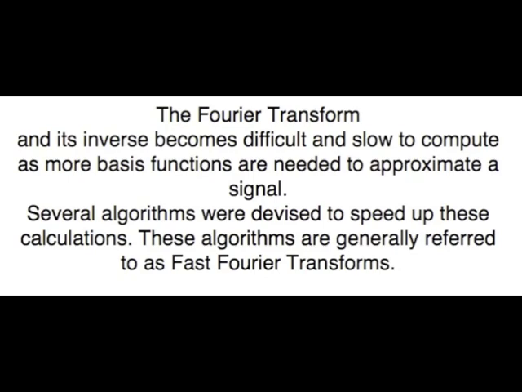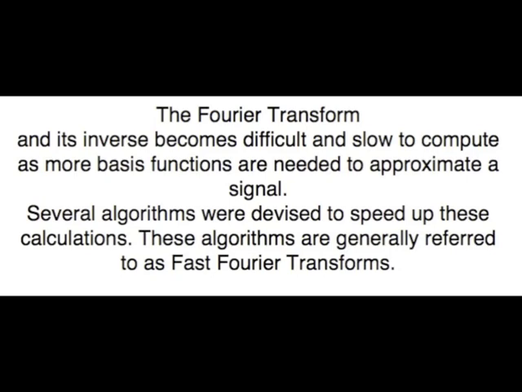The Fourier transform and its inverse becomes difficult and slow to compute as more basis functions are needed to approximate a signal. Several algorithms were devised to speed up these calculations. These algorithms are generally referred to as fast Fourier transforms.